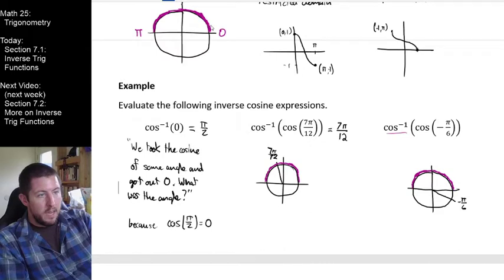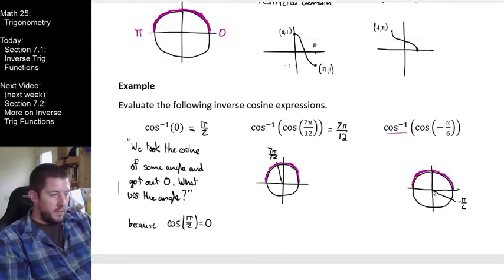It seems like here we could choose instead positive pi sixths. I'm putting that plus sign right there to make sure that there's no confusion. We are not getting out the exact same value that's sitting right here, because negative pi sixths is not in the acceptable output span for the cosine inverse function.